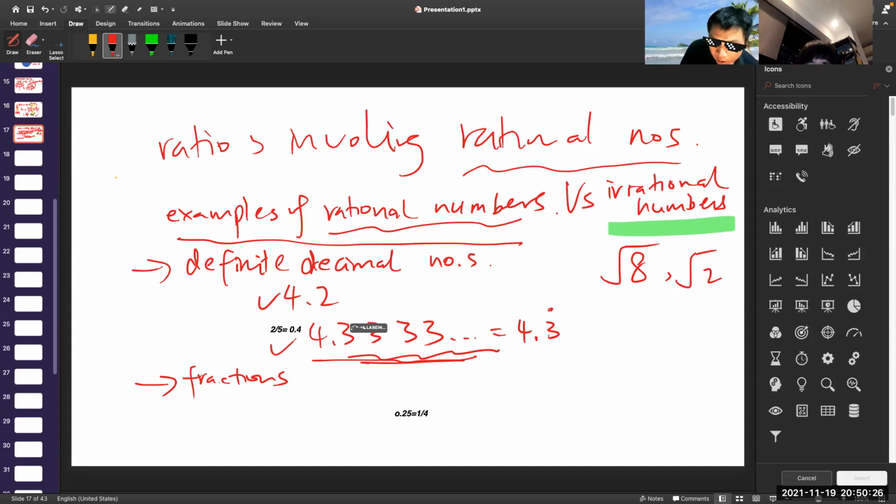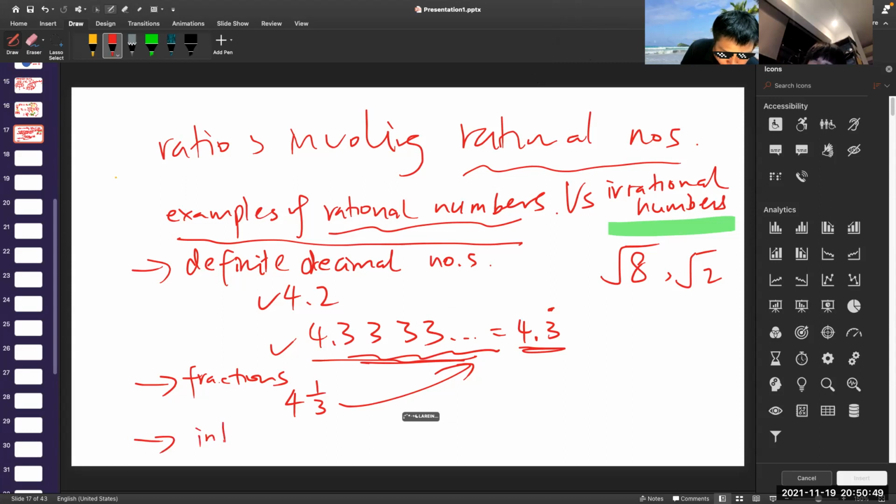Yep, you're right. So this dot above the 3 represents that the 3 will repeat itself. So if you express this 4.333 in fractions, you can express it in this manner. 4 and 1/3.